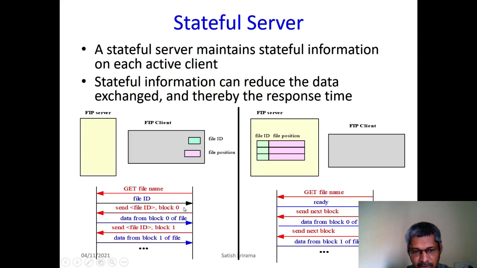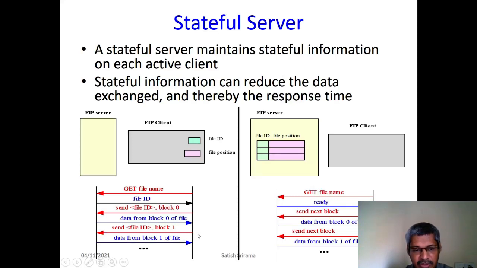Then the client has to give all the information and ask for block 1: send file ID and block 1. And then the server sends block 1 of the file.